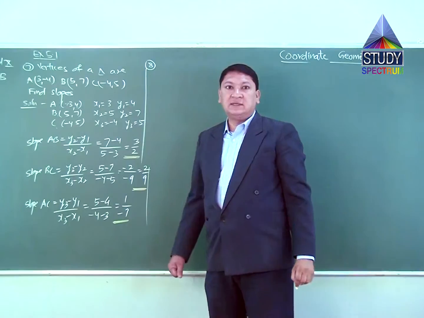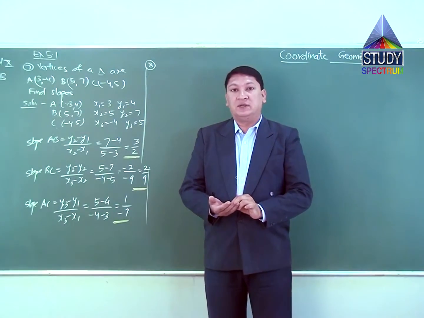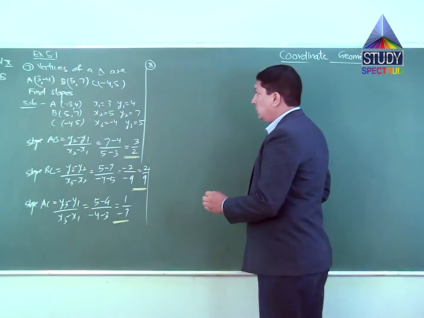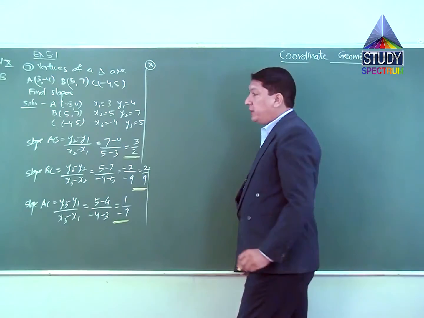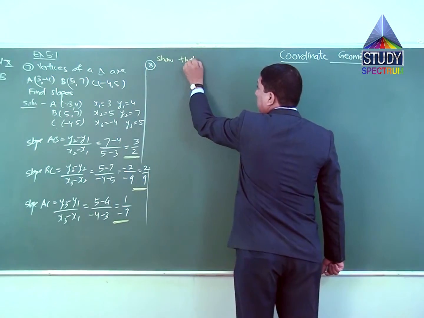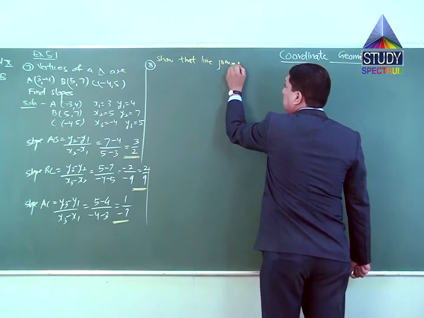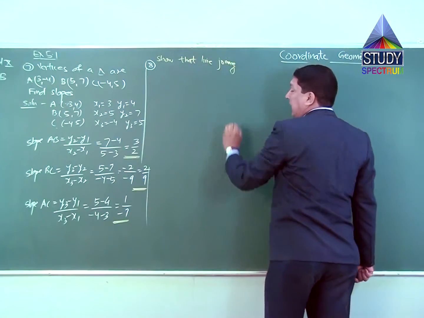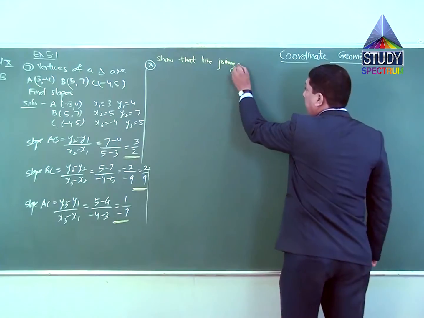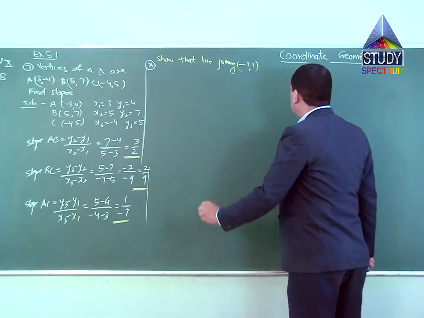Question number 8 says there are 3 points, there are rather 4 points given to us. We need to prove whether lines are parallel or not. Question is, show that the line joining now 4 points are given to us. Lines joining -1, 1. Other points are -9, 6.